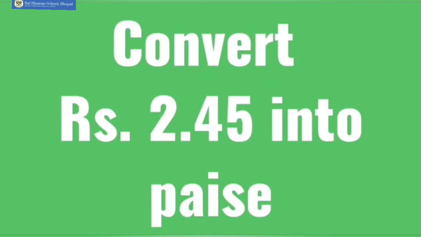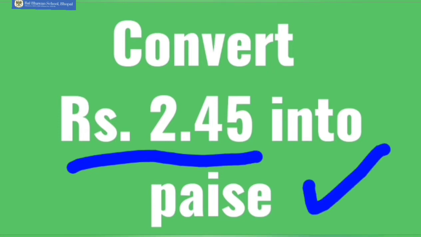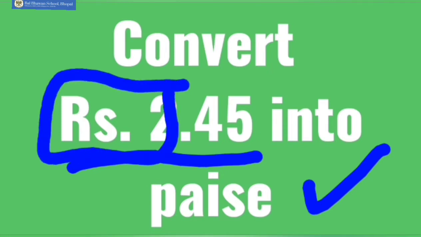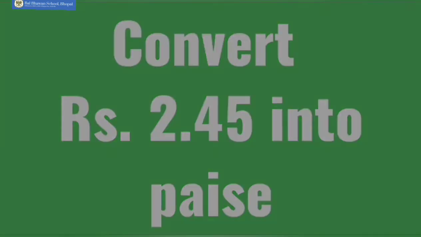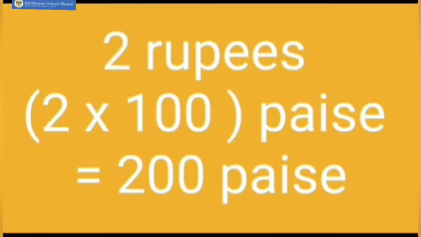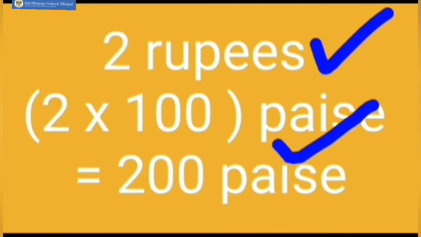Let us convert rupees 2.45 into paise. Whenever we need to convert rupees into paise, we should multiply the amount mentioned for rupees with 100. Now we would multiply 2 rupees with 100 paise so that we could get 200 paise.